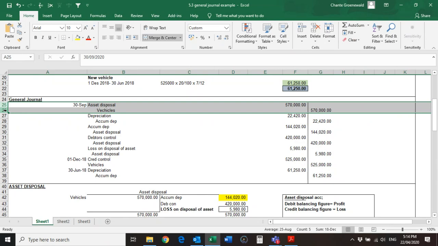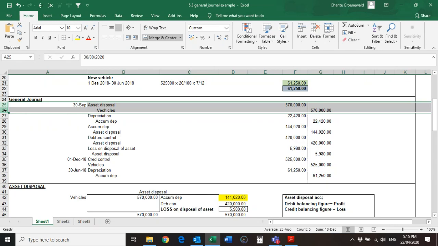You get Sage and Pastel, and we now have Sage One, which is an online system that does the bookkeeping for us. We don't use those journals anymore, but we do use a general journal. If you study accounting and want to be an auditor, and you do adjusting journals, all you do is work with the general journal, because a general journal shows all of the transactions.